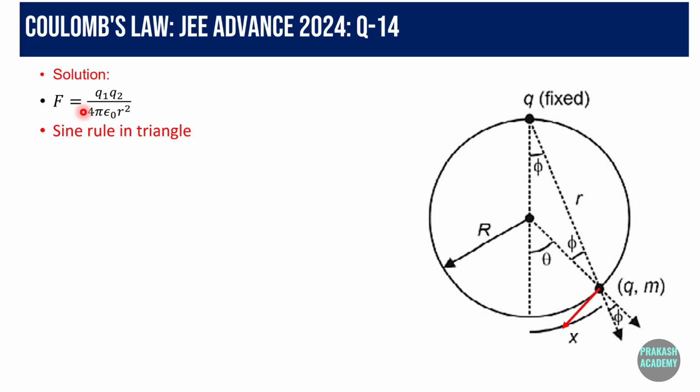Now to express this force in terms of radius r, we need to eliminate this small r, and for that I will use the sine rule. In this triangle, let's call this angle phi and this angle phi, then this angle will be pi minus 2 phi.